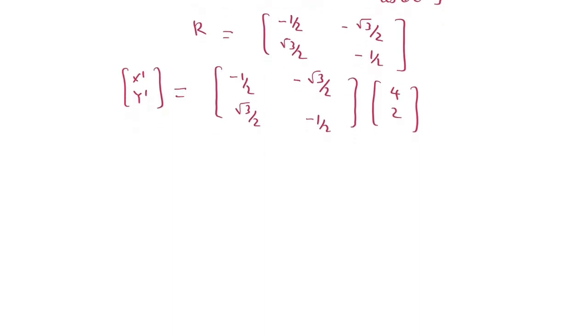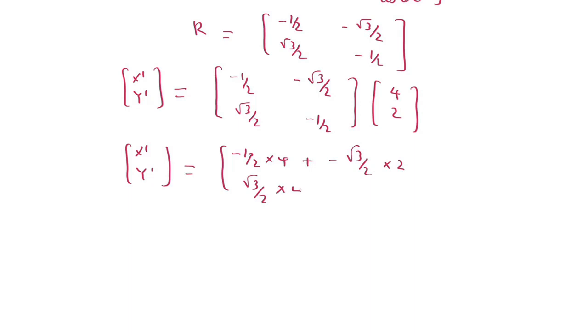Okay, so multiplying on our right hand side, then our equation is going to be X image, Y image equals matrix negative 1 over 2 times 4 plus negative root 3 over 2 times 2, root 3 over 2 times 4 plus negative 1 over 2 times 2.